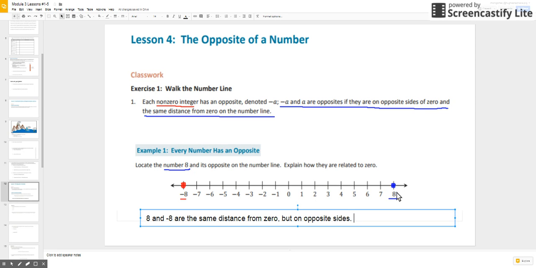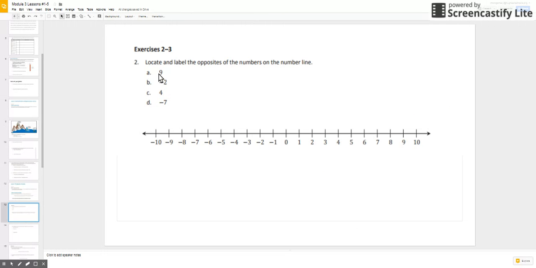So I plotted the points like it asked me to, and I explained how they are related to 0. 8 and negative 8 are the same distance from 0, but on opposite sides. I guess we should add in there of 0. Let's make it a little more detailed. If you look at the very bottom, it says locate and label.